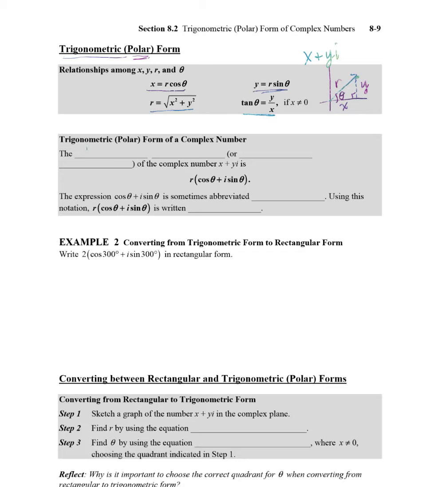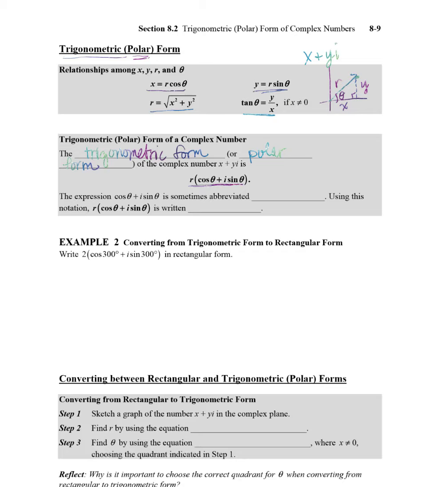The next part, the trig form, or trigonometric form, which is also known as the polar form of a complex number x plus yi, is written like this.